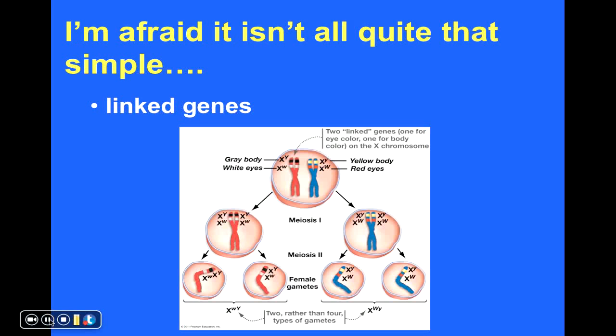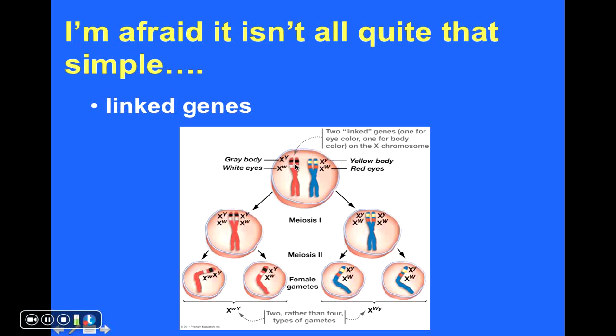So let's now take a look at a few examples of how genetics is a little more complex than what we've just presented. For example, linked genes. Just by fortunate chance, most of the characteristics that Mendel was looking at involved genes or alleles that happen to be found on different chromosomes.